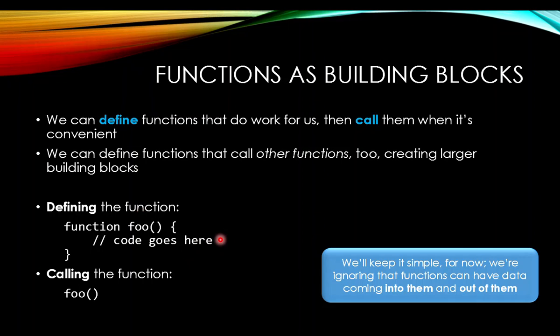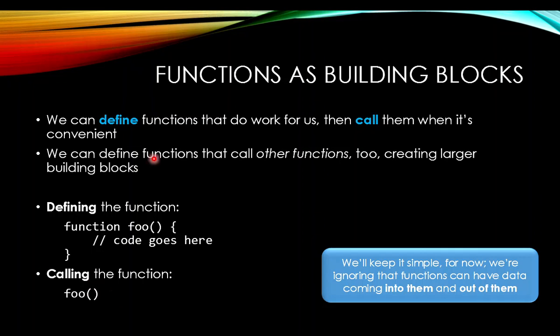The calling of the function is just using the name foo. Whatever you called this function here, you're going to call it here. And all you have to do is use the name. You put the name of the function, and then always with the function, open and close parentheses. Now, in the future, we're going to put some stuff in the parentheses, but that's immaterial for now. We're just getting the basics.